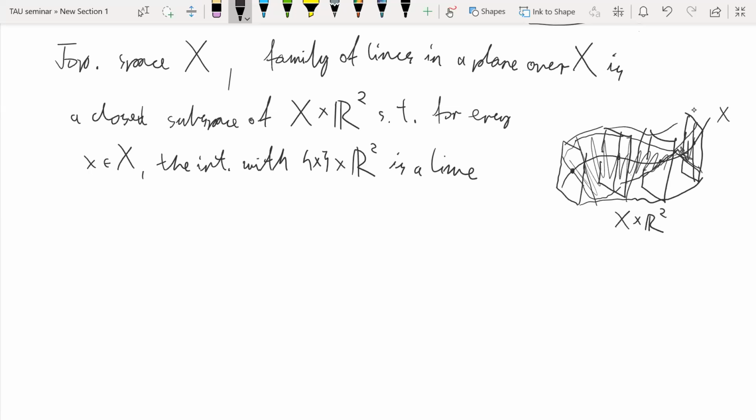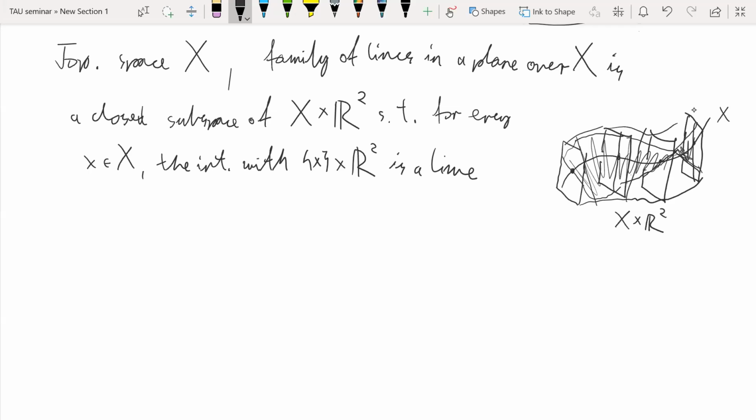Okay, and those can also be identified with line sub-bundles of a certain vector bundle, if you know what that means. If you don't, then don't worry about it.